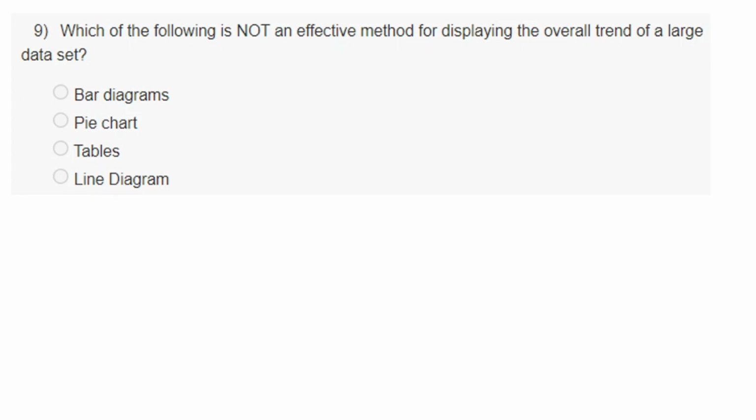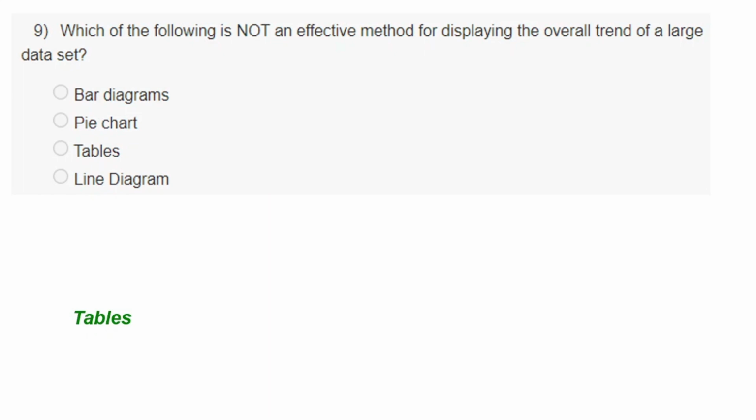Next question. Which of the following is not an effective method for displaying the overall trend of a large data set? Anybody? Sir, tables, madam. So obviously, if there's a large data set, bar diagrams, pie chart, line diagram, these are very popular ways of displaying the overall trend because visual representation is better.